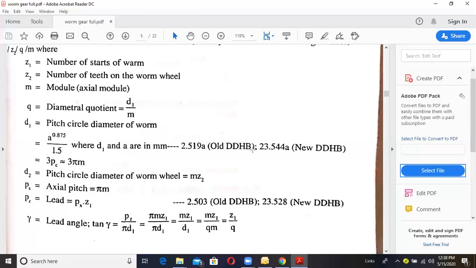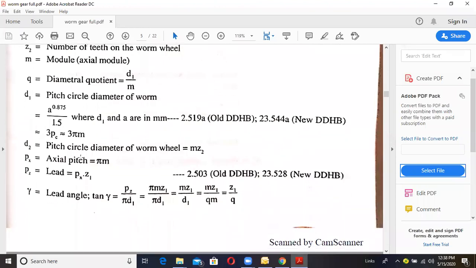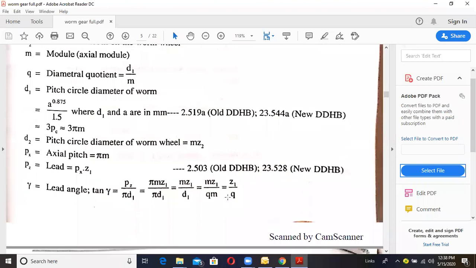This D1 formula I will get from equation number 23.544A. D2 is the pitch circle diameter of the worm wheel, equal to M into Z2. Px is the axial pitch, Pz is the lead, and gamma is the lead angle. So these are the notations and formulas.